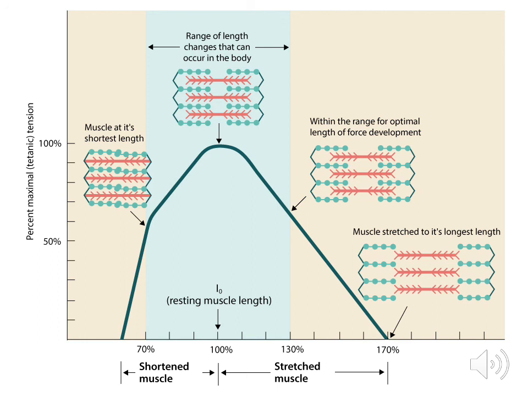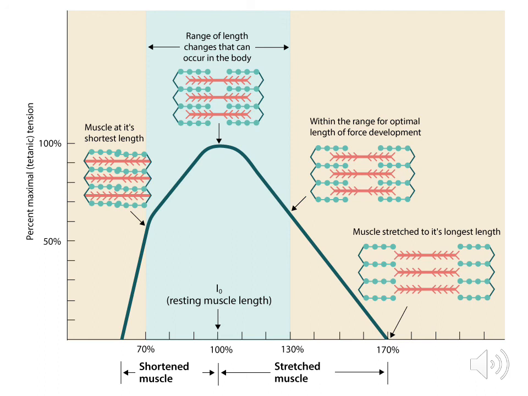As we stretch even further to the right, approximately 170% of a muscle's resting length, we actually get to the point where there's no overlap between thick and thin filaments. If there's no overlap, no myosin heads can bind to the thin filaments at all, and the muscle cannot contract at all. So tension is zero, and it's going to be completely incapable of creating any force.